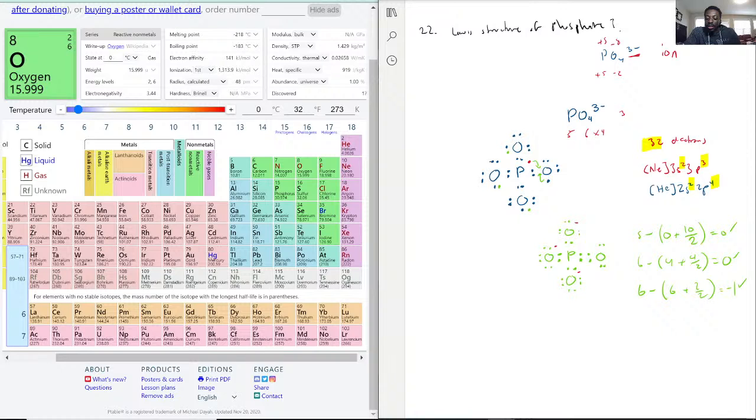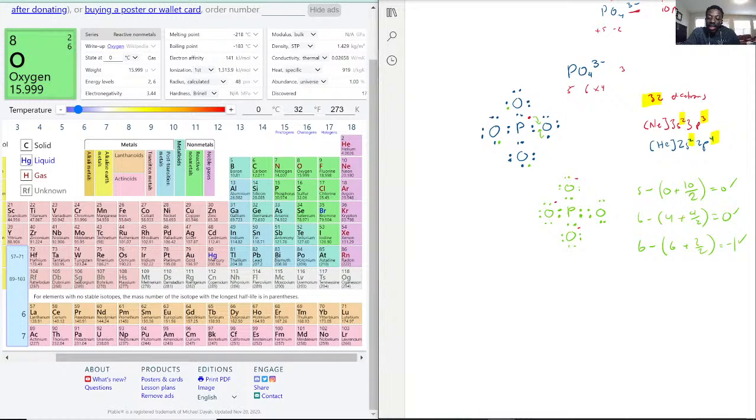Now, if we wanted to do the resonance, it would look something like this. Starting with a single bond. Yeah, I don't know how to do this one as a resonance structure, because this double bond here will be jumping into any of them it so chooses to.